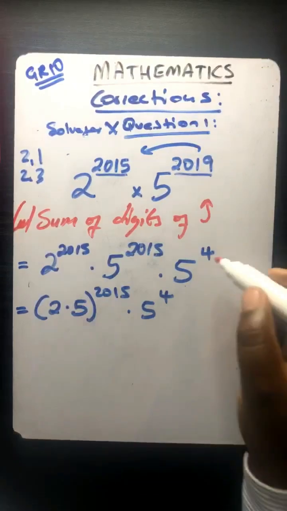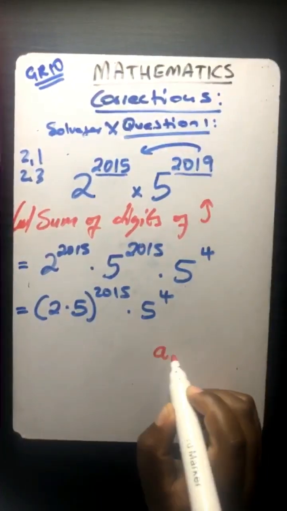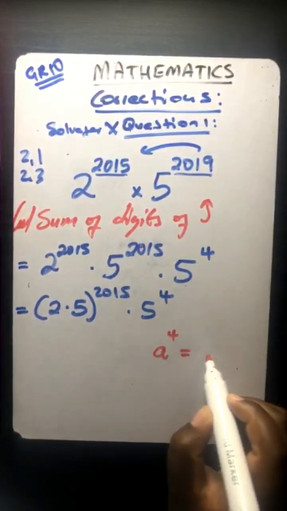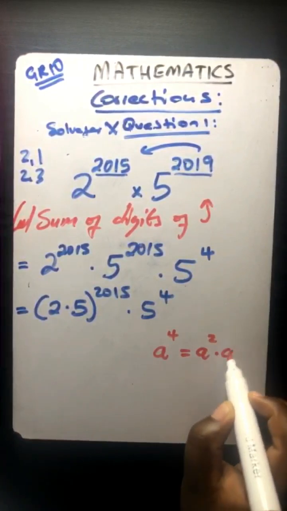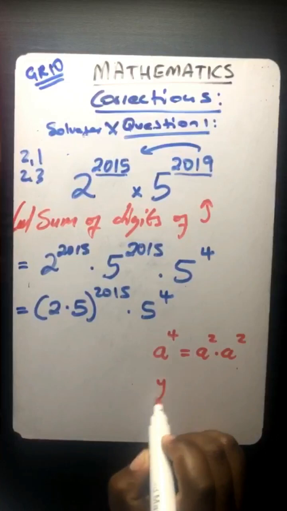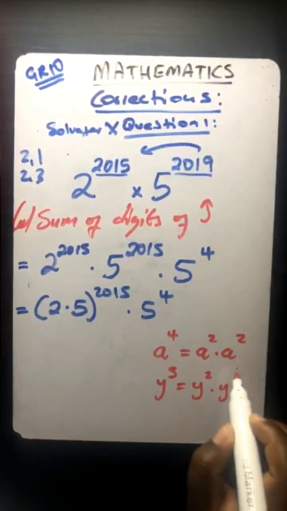Okay, so if you remember, there's a law. For example, if you say a to the exponent of 4, you can still write it as a to the exponent 2 times a to the exponent 2. Even if it's y to the exponent 5, you can write it as y to the exponent 2 times y to the exponent 3.